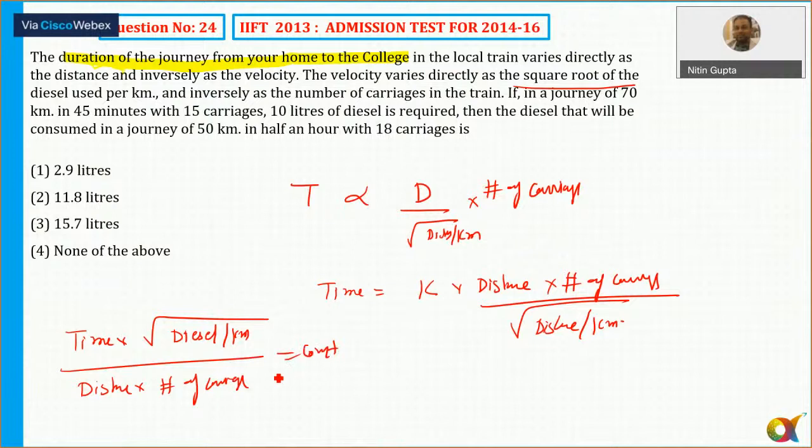So it says in a journey of 70 kilometers, in 45 minutes, with 15 carriages, and 10 liters of diesel is required. ठीक है ना. 70 किलोमीटर में 10 लीटर डीजल की जरूरत होती है.